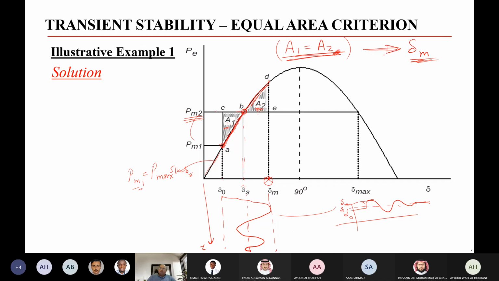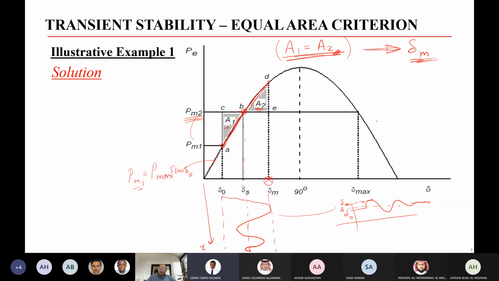My question is, if you get delta M, can you judge whether the system will be stable or not? Salman? Yes, Doctor.